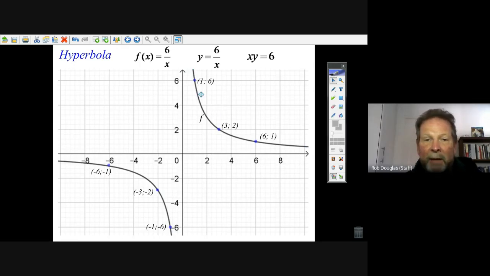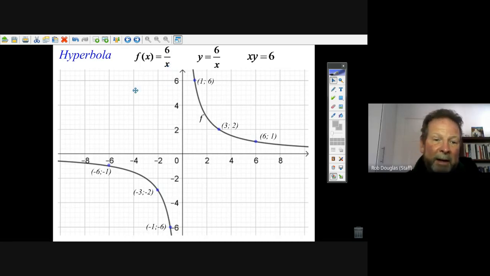Well, that's the shape. Hey, if it's got a branch down there, what if we put -1 here? 6 divided by -1 would be -6. So if x is -1, we get -6. And similarly, -3 and -2 would work.